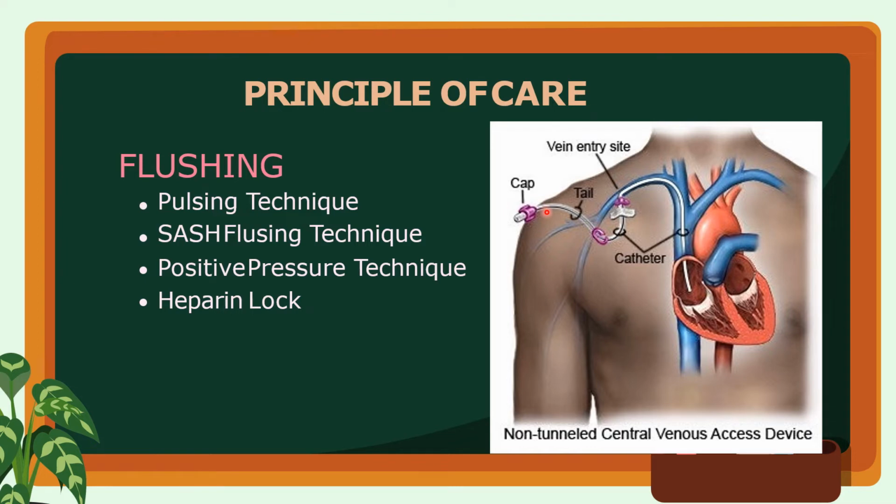However, it is important that you check your hospital protocols about when is the best time to do the flushing and what are the requirements, because you may need to flush your line with 3 to 5 cc of normal saline, and again, this is based on your hospital policy. So you have to check your hospital protocol about the requirement.